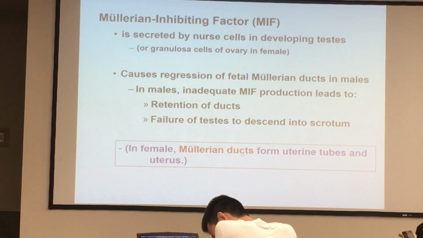And for the male, in the embryo, they still have it, so they need to inhibit it, okay, and not let it go. So it will cause the regression that inhibits the growth of fetal Mullerian duct in the male, okay. And if they don't have this MIF, then the problem is testes cannot descend to the scrotum, and also will show a little bit of female characteristics, okay.